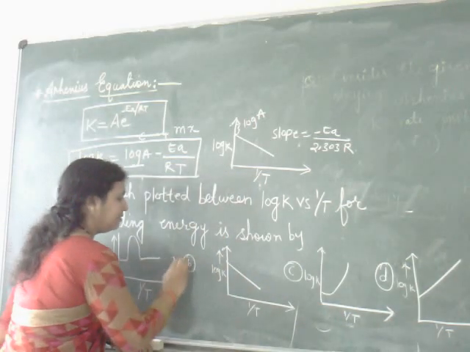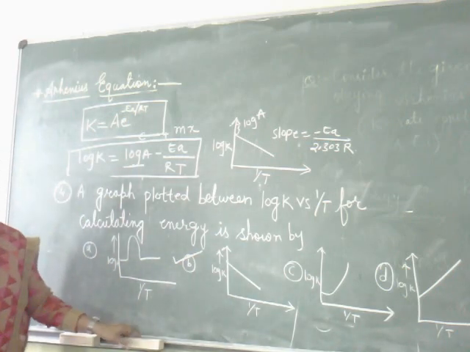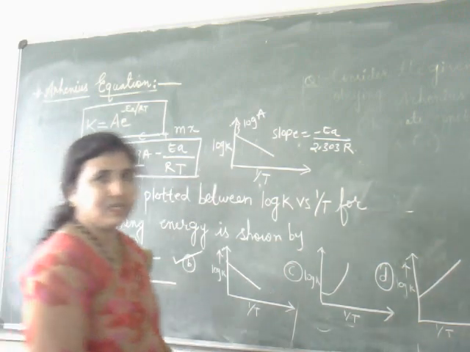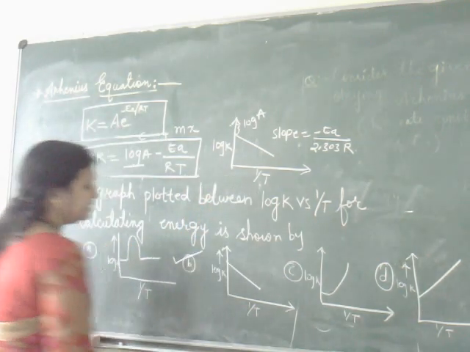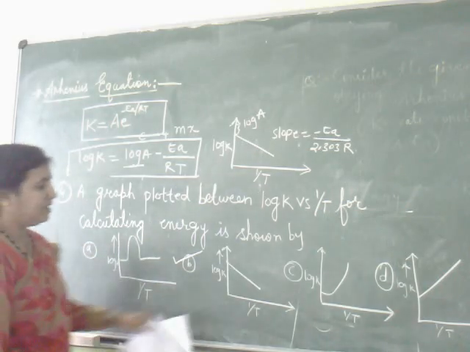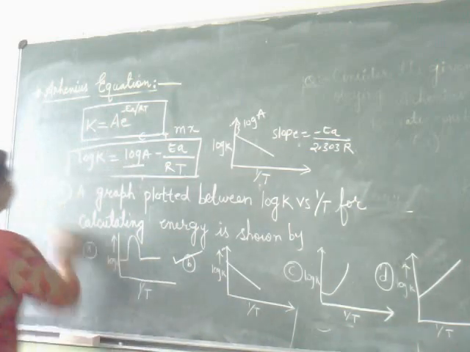The second one, graph B. So they can ask graphs based on this Arrhenius equation. B is correct. In log k versus 1/T, the slope will always be negative.